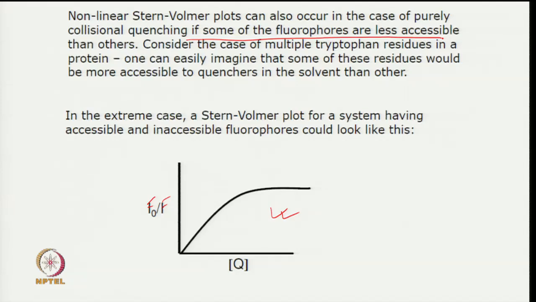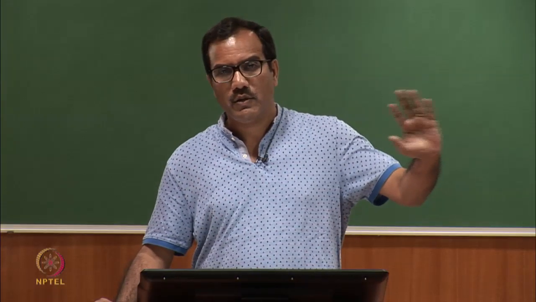For example, if you take a protein molecule, it is going to have multiple tryptophan residues, and at certain times it is possible that some of the residues are more accessible to quenchers in comparison to other residues, and in that case your plot will look like this.